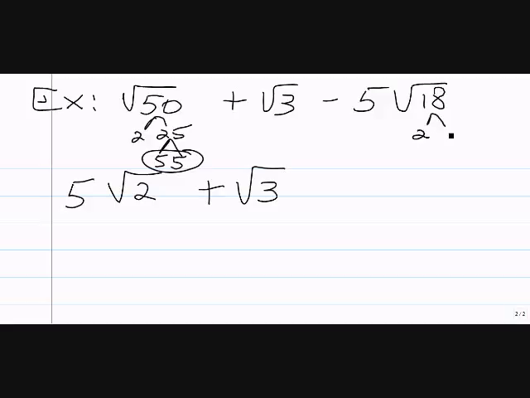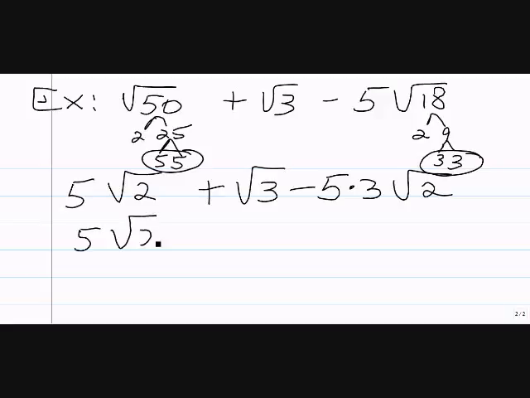18 is 2 times 9. 9 is 3 times 3. So this becomes minus 5 times 3 times the square root of 2. So this is 5 times the square root of 2 plus the square root of 3 minus 15 times the square root of 2.